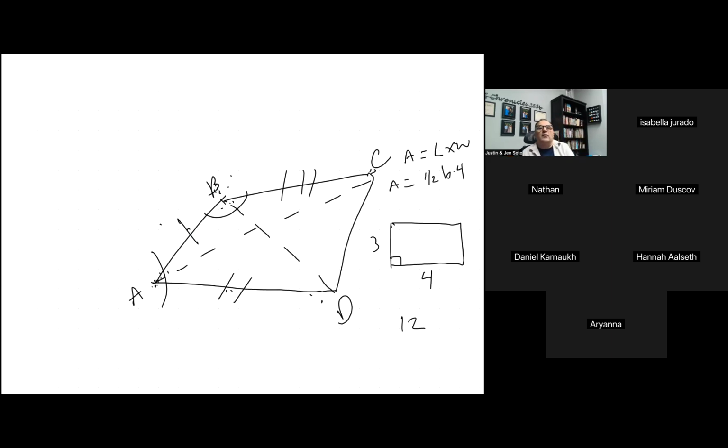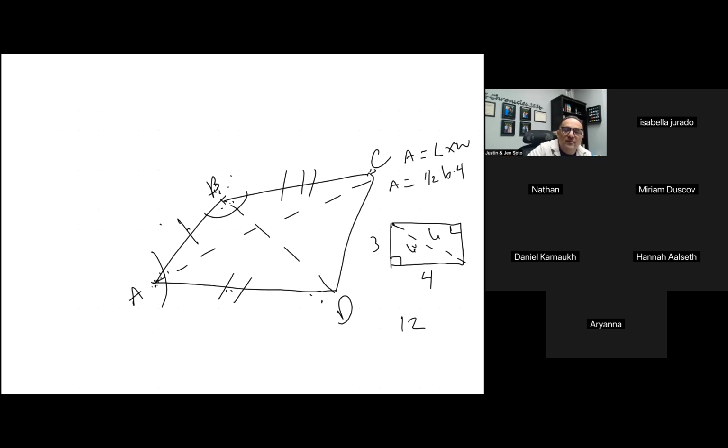Okay. So we would know this. Watch. Half the base times the height, 4 times 3, 12. Half of 12 is 6. Watch. 6 and 6 together is 12. So you can see how half the base times the height makes sense. That's area. So I'll put units squared.